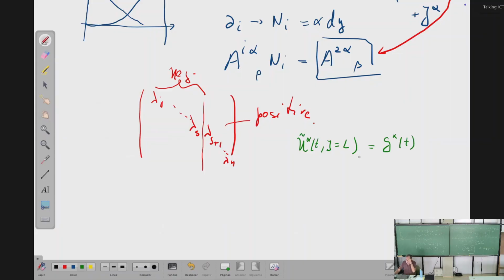And you can mix things, of course. This is the simplest thing. We'll see in the examples. And you don't give anything about the others, right? So your boundary conditions are here for alpha equals s plus 1 to n.